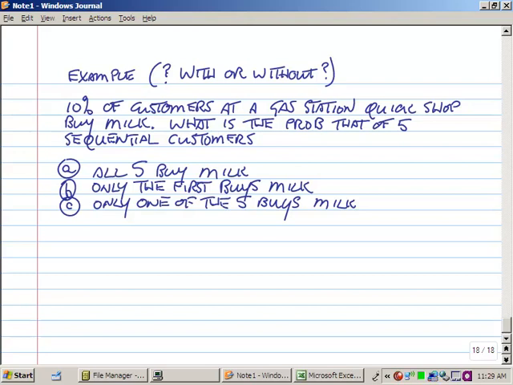We'll just say 10%. So this is a global average. On any one day with 50 customers, they might have all of them buying milk. It's unlikely, but it could be. So this is sampling with replacement. It's like a coin toss.